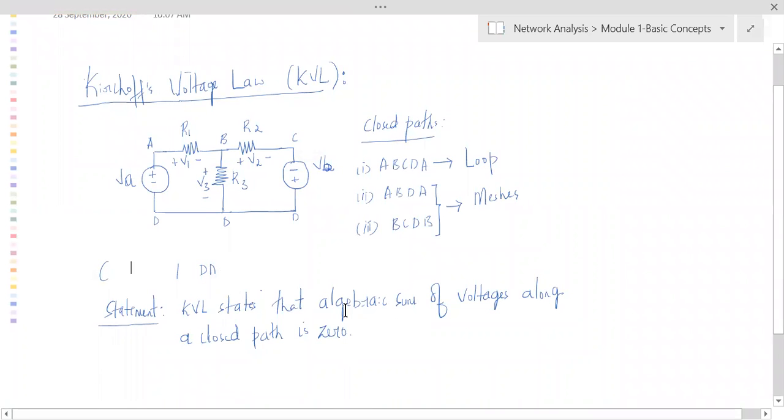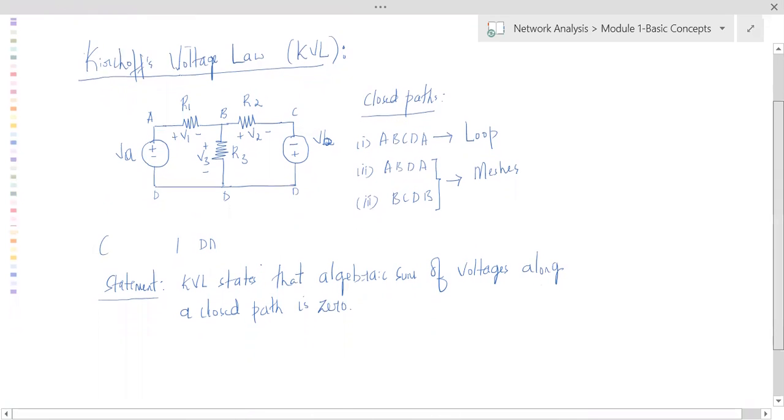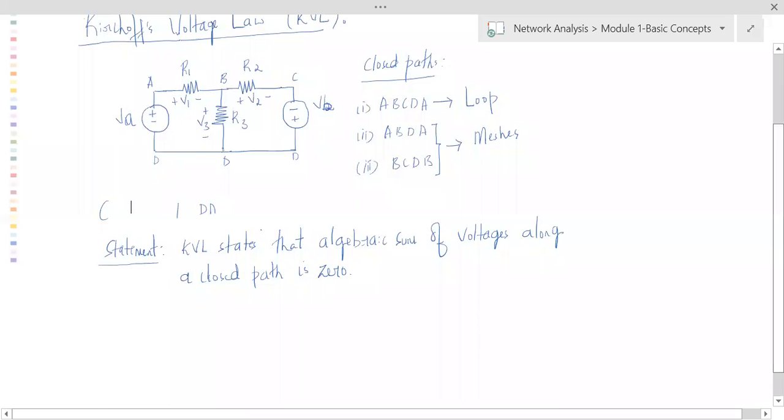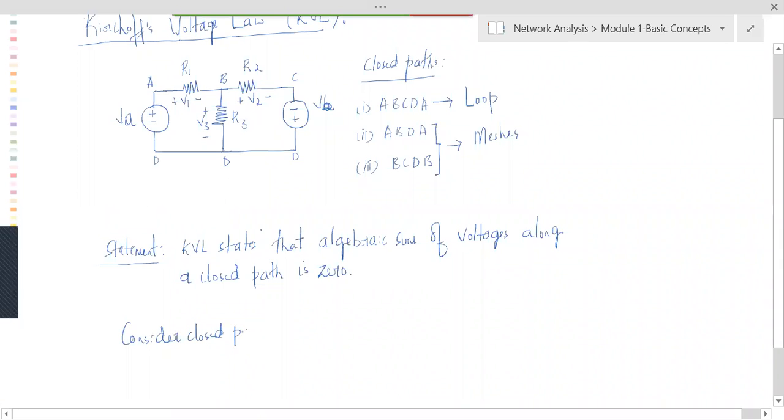So we have 3 closed paths, mind you. We'll take the algebraic sum of these. Why they are calling it the algebraic sum, I'll explain to you. So let's consider closed path A, B, D, A. Now we have to move along the closed path.